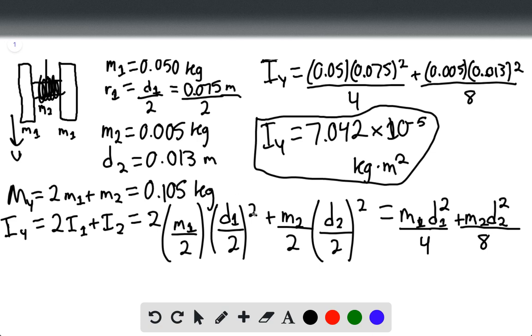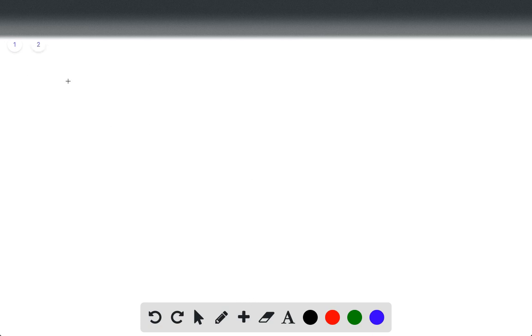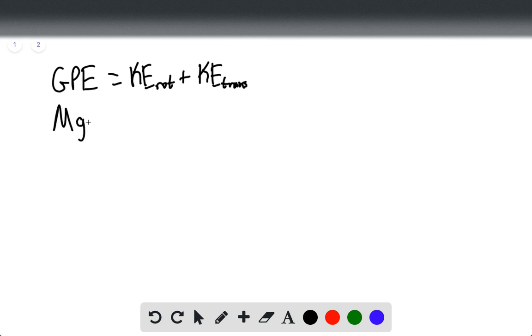At this point, we can use energy balance. So we can say that the gravitational potential energy of the yo-yo is going to be equal to the rotational kinetic energy of the yo-yo plus the translational kinetic energy of the yo-yo. And so this is going to be m, the mass of the yo-yo, times g times h equals half I of the yo-yo, angular velocity squared, plus half mv squared.